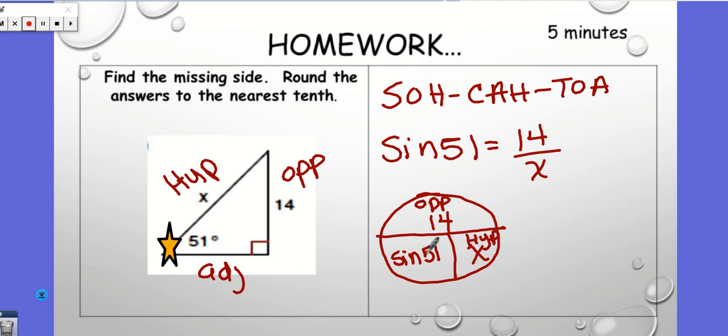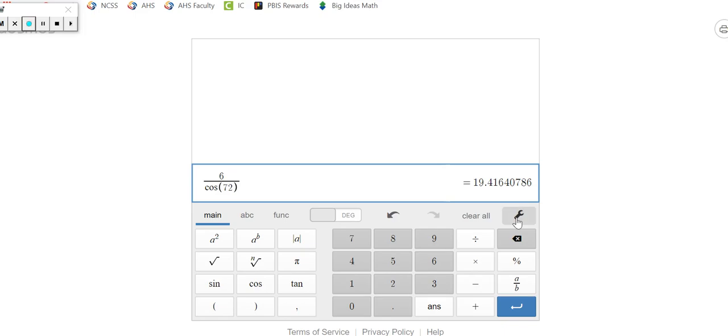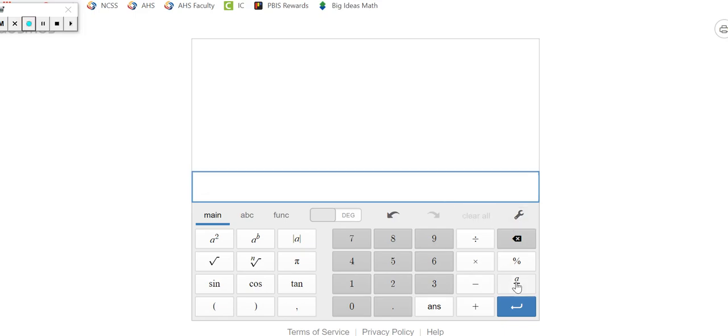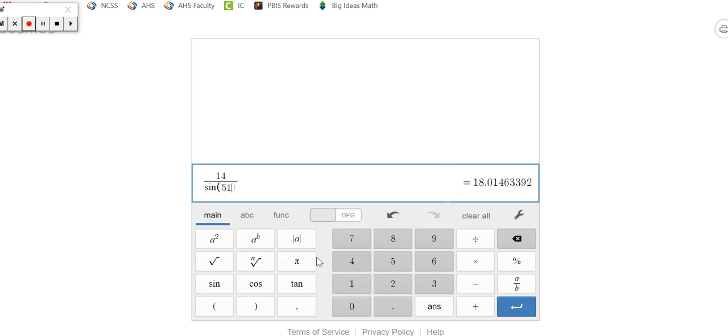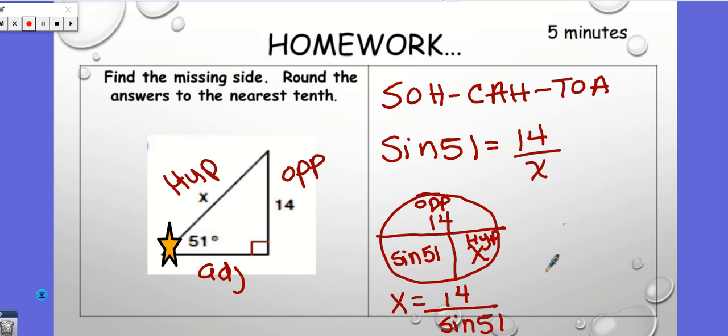And so we're going to say that x equals 14 over sine of 51. So we're going to use our calculator. 14 over sine of 51, close this up, and we get 18.01. All right, so x equals 18.01. And we are finished with that one.